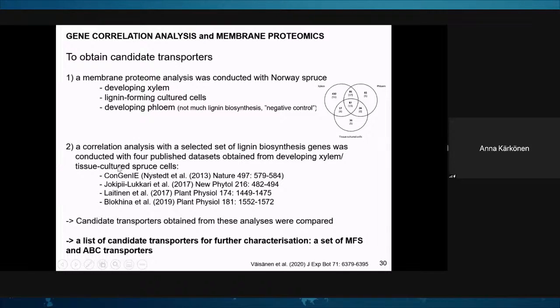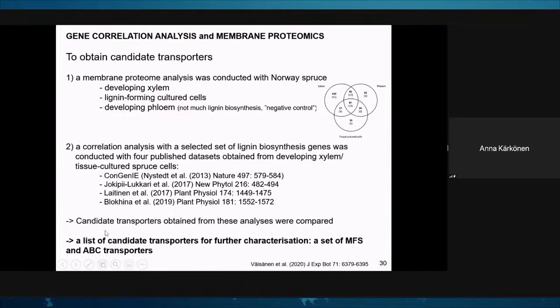Then these are done by Swedish scientist Jokipii-Lukkari et al. She has expression data in her paper. Okay, we have the tissue culture data of Laitinen et al. And then Blokhina et al. have the recent paper that I just talked about, which also has gene expression data. So these were utilized in the correlation analysis.